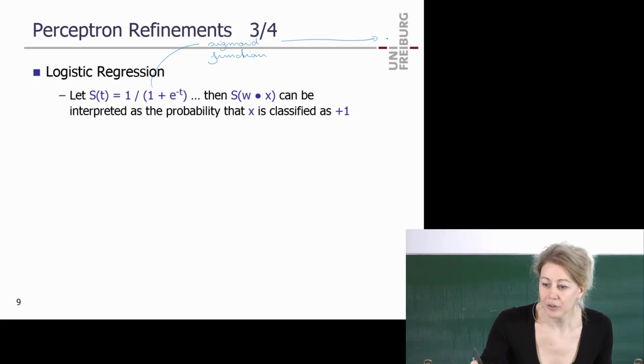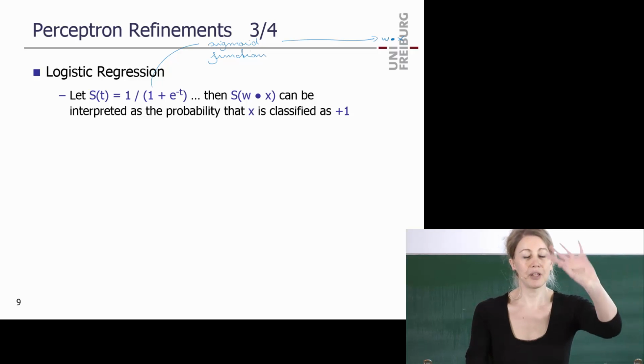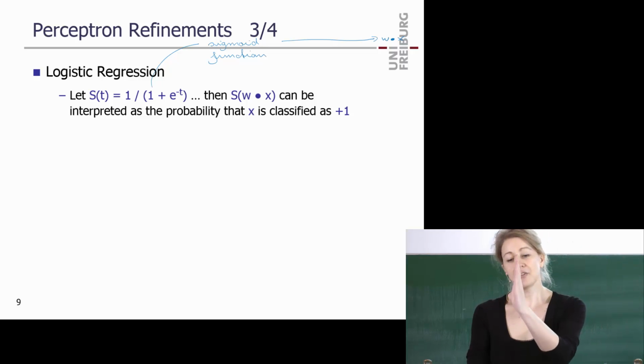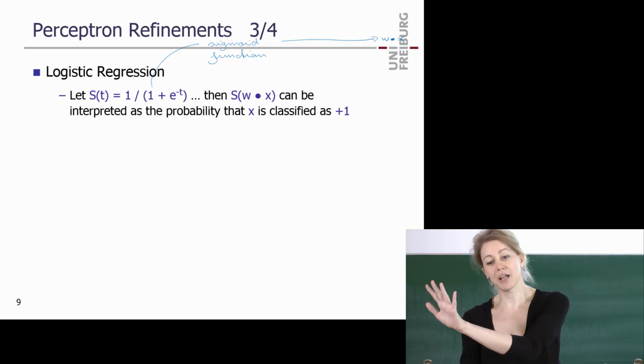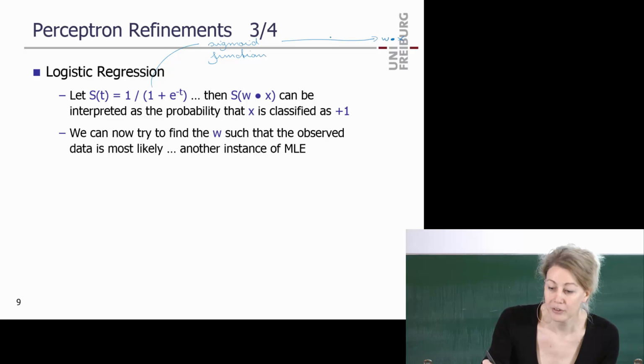If I have my Wx here, which is a real number, it can be minus 1,000, minus 5, then 0 is the point where I predict plus or minus, and now I want to turn this into a probability.